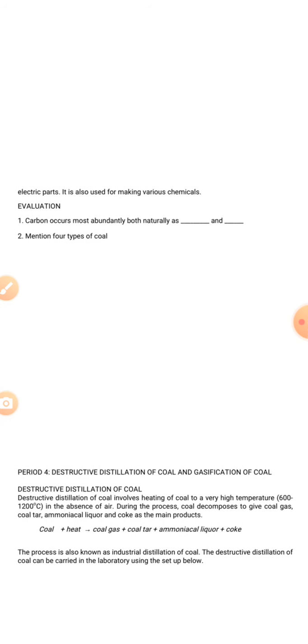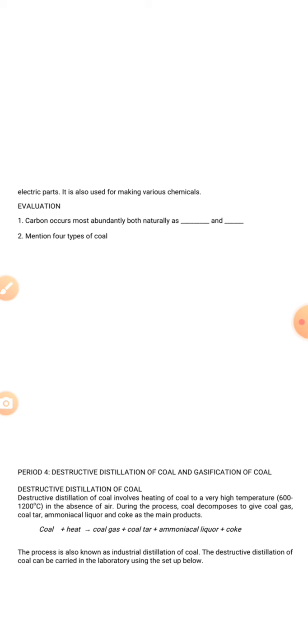So let's go to destructive distillation of coal. In destructive distillation of coal, what you do is heat coal to a very high temperature, and it will break into its constituents. So when you break coal, it will give you four major constituents.